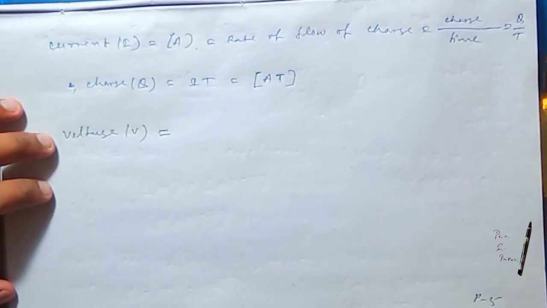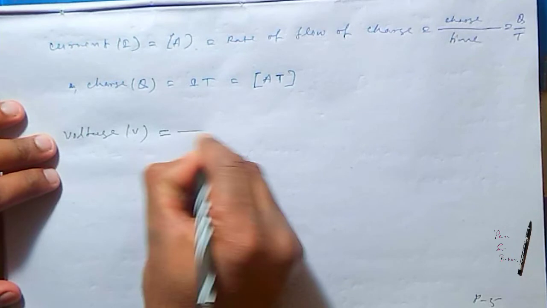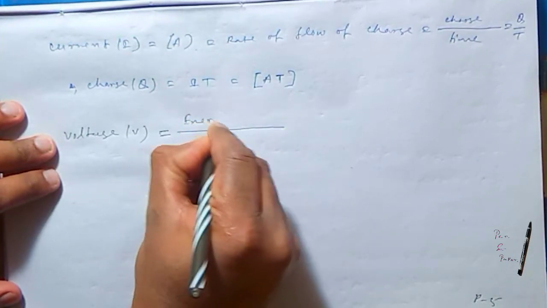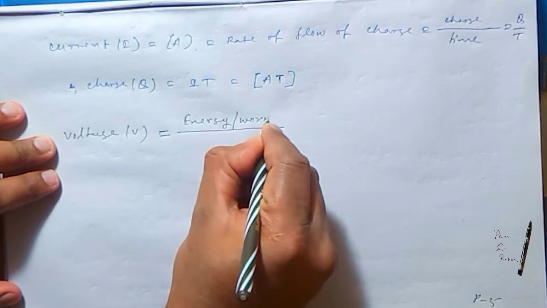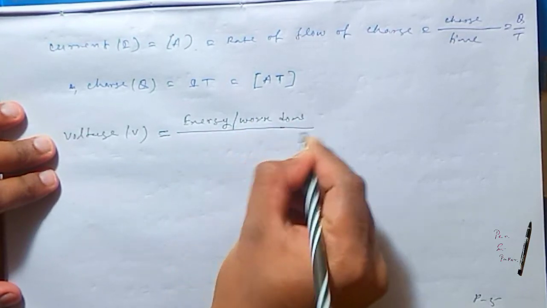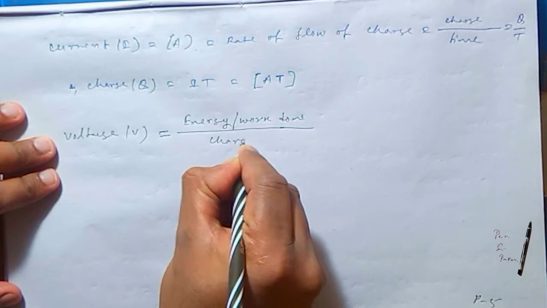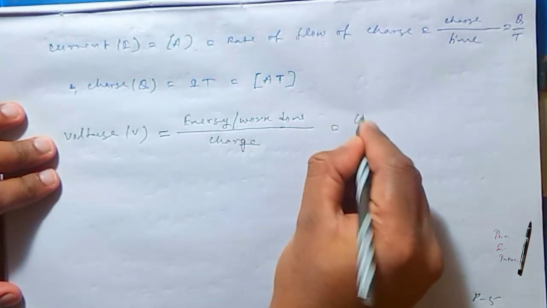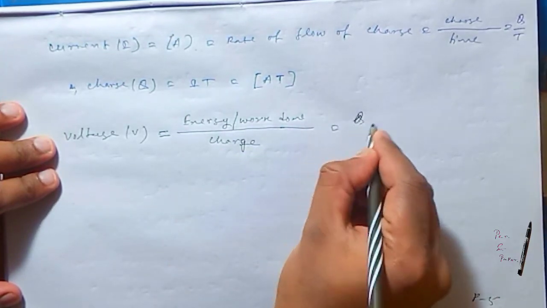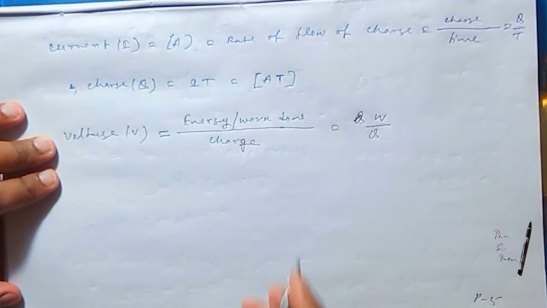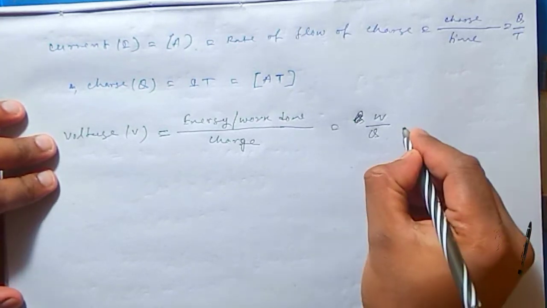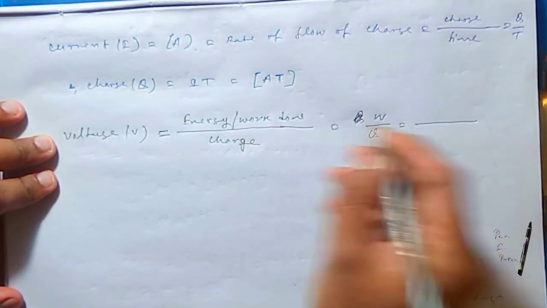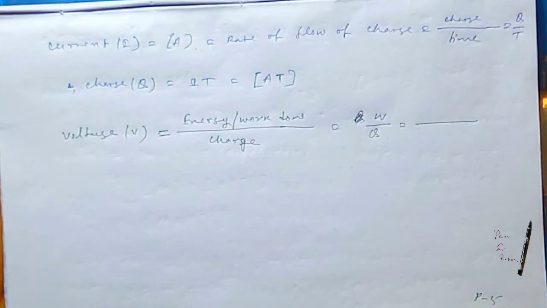If we mathematically express this, it is energy available or work done per charge, V is equal to W by Q. Now we already know energy, kinetic energy and work done.